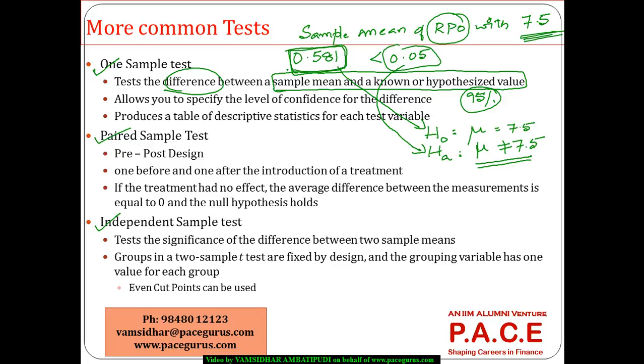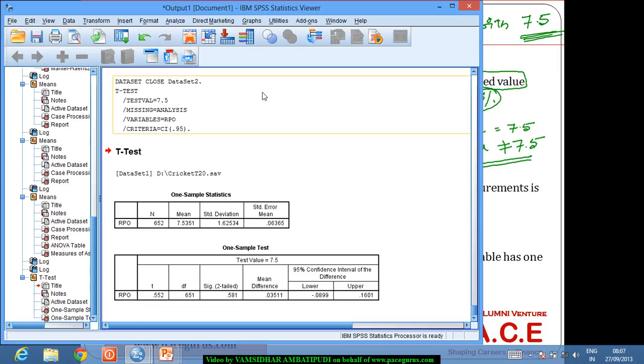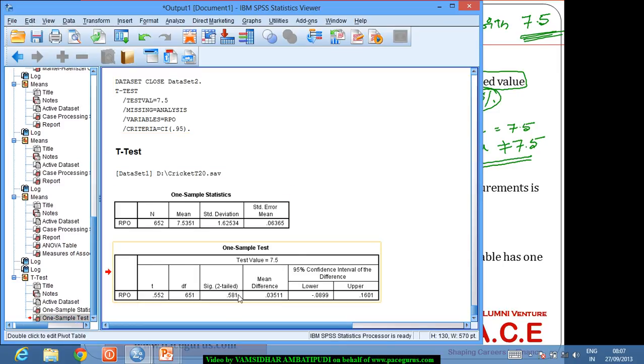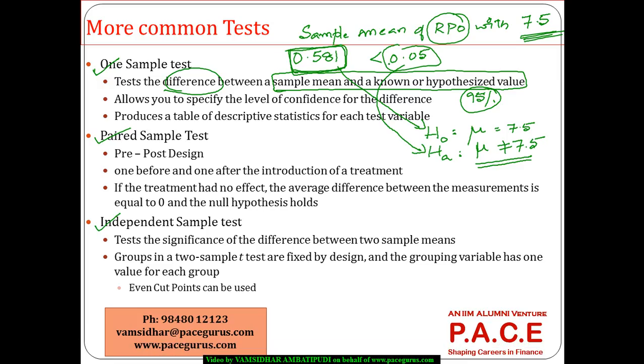So just one single value, though SPSS is generating so much output for us, is very important here: only this significance level. If I am getting that significance level less than 0.05, my business conclusion is the alternate hypothesis, saying that the mean is not equal to 7.5. The mean is very much away from 7.5.